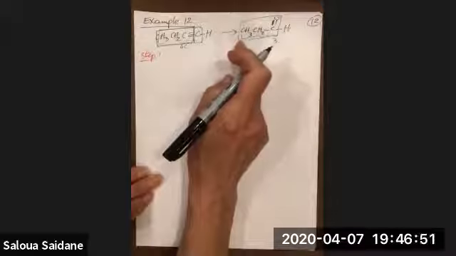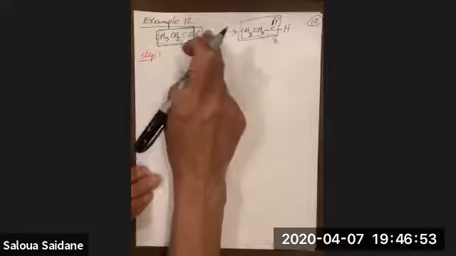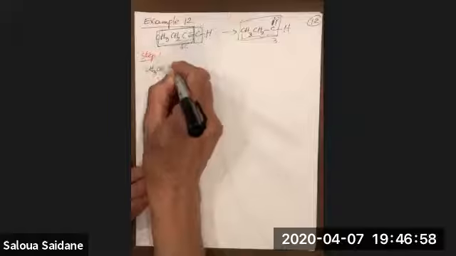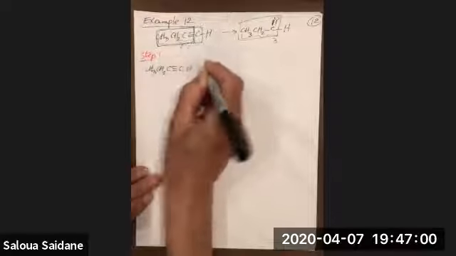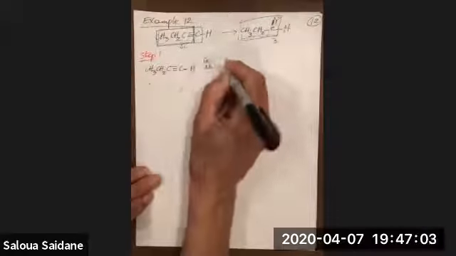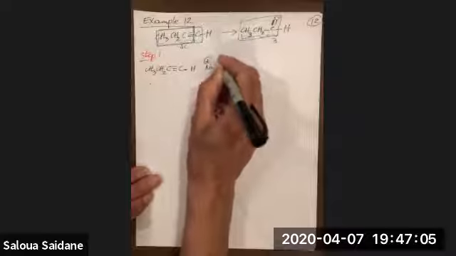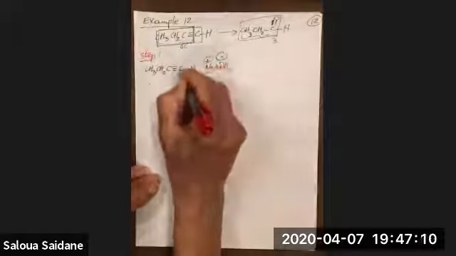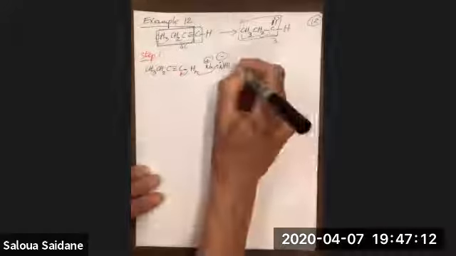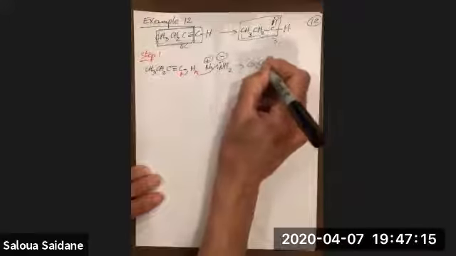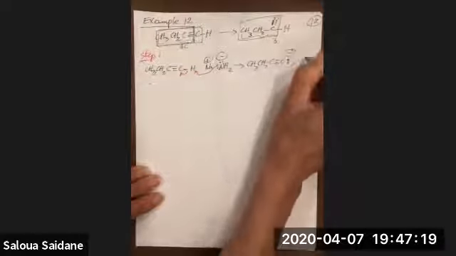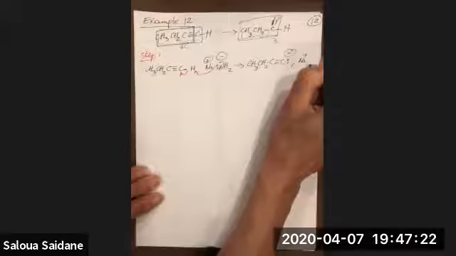So my first step would be first to remove this H. No matter what, I'm always going to have to remove an H. And again, it's Na plus NH2 minus, and then NH3 gas.